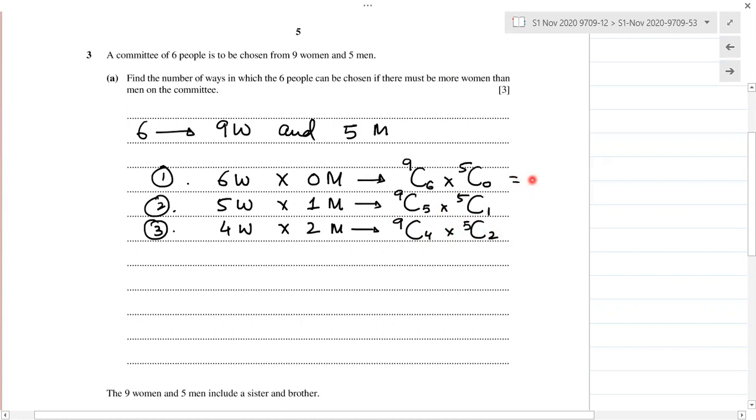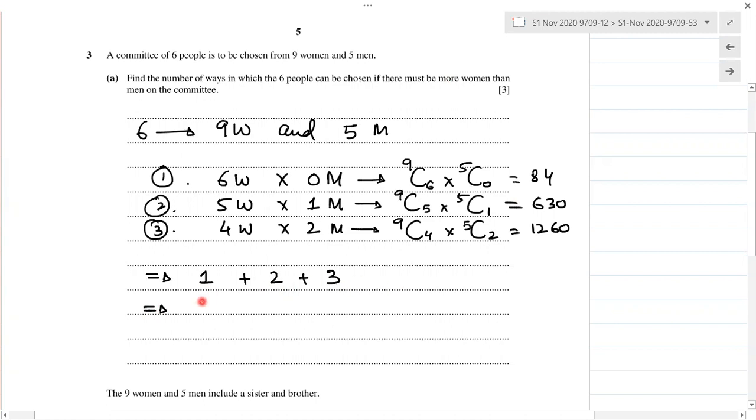If you work this out, we get 84, we get 630, and we get 1260. So we have the first option, or the second option, or the third option. These are the 3 possibilities we can have.